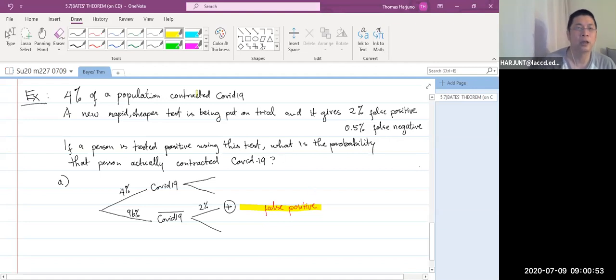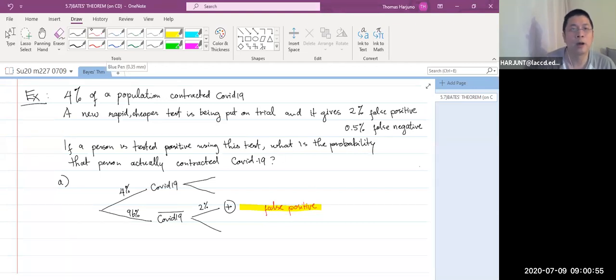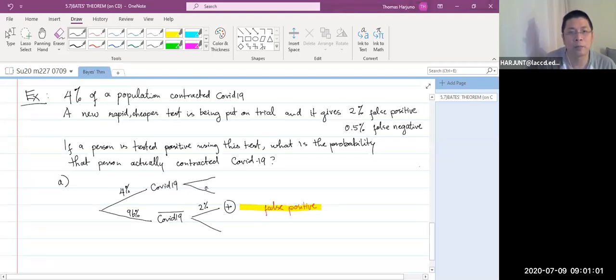Okay, and 0.5% false negative. Now, false negative means the test shows negative, but it's supposed to be positive.